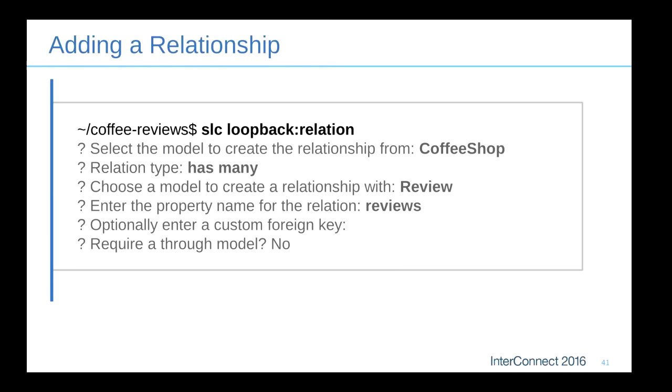Here's the example I was just describing. You have a coffee shop model and a review model. You set the relationship type as has many. You choose the model to create the relationship with. And we allow you to do a couple other things, like define the foreign key.